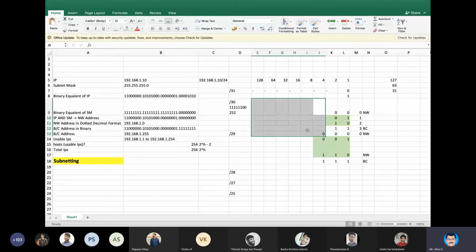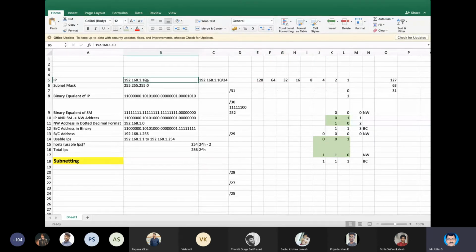So what I'm talking about is the first 6 bits in the last octet. Listen carefully, all of you. The last octet is /24, what we have in our hand. Out of /24, I have given /30.